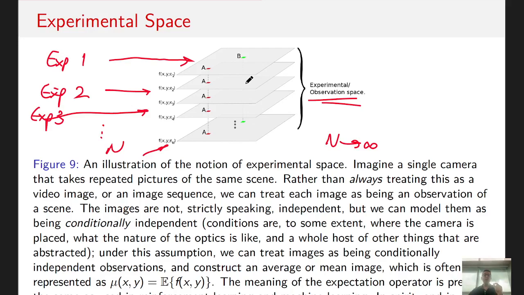So note the framing of this context. I'll repeat that. If I know that in a particular experiment the intensity at A is higher than its expected value, what is the probability that the intensity at B is higher than its expected value?